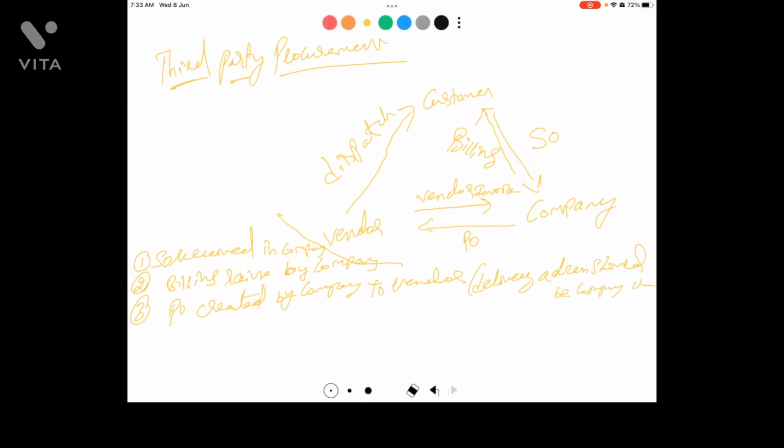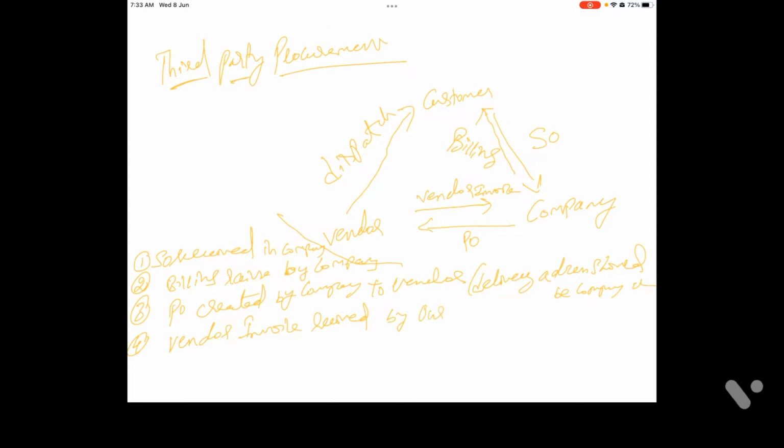And again, the vendor invoice is issued to our company. Now the vendor dispatches directly and it goes to the customer.